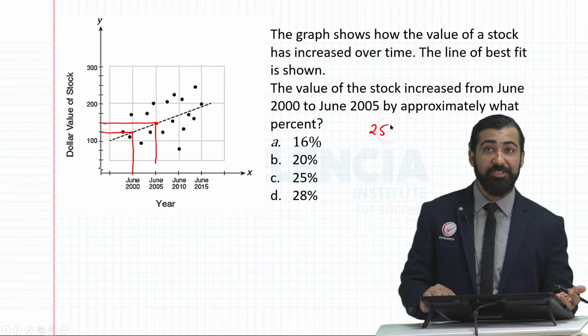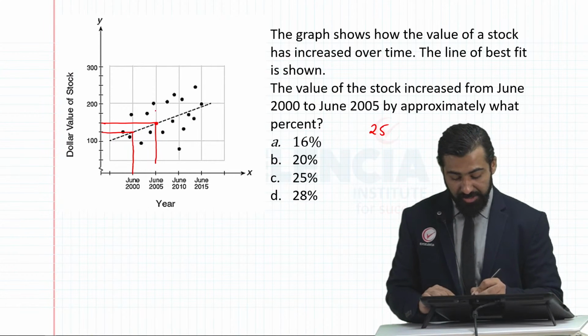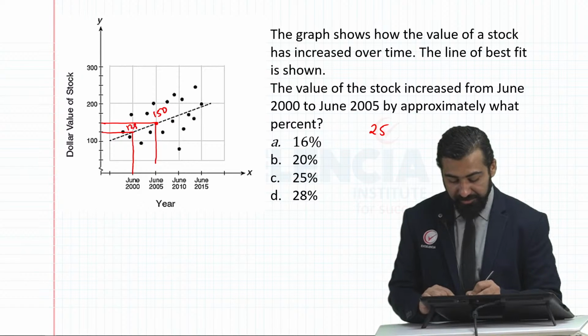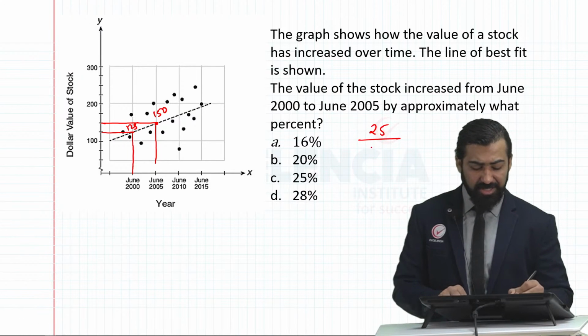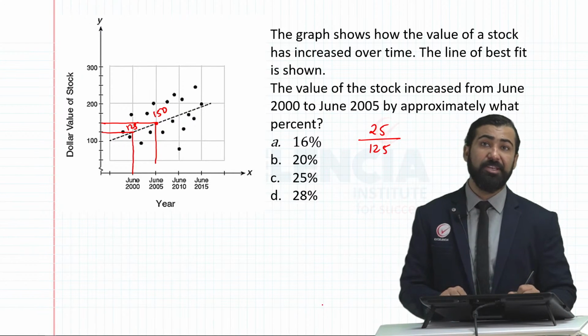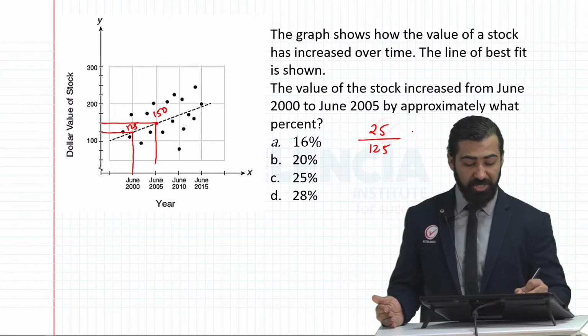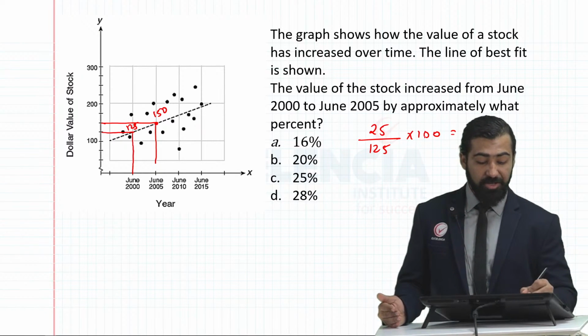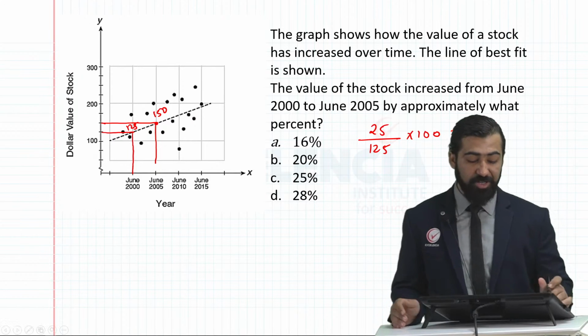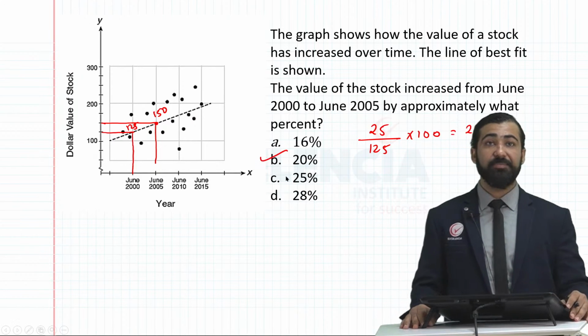Difference between the y values I'm talking about. The reason being, this is 150, this is 125. So the difference between the two y values is 25 points. Starting value was 125 because I'm looking at it with respect to June 2000, times 100. So 25 ones are 25, fives are 5, 20s are 100, or 20% increase.